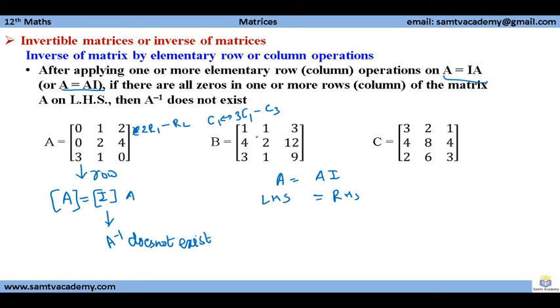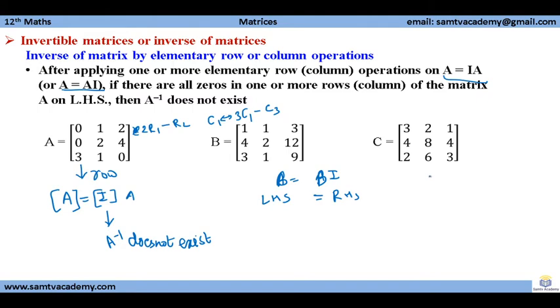So the whole column will become 0. So we can say that the inverse of the matrix B does not exist. And write B here only because it is given as the B matrix.